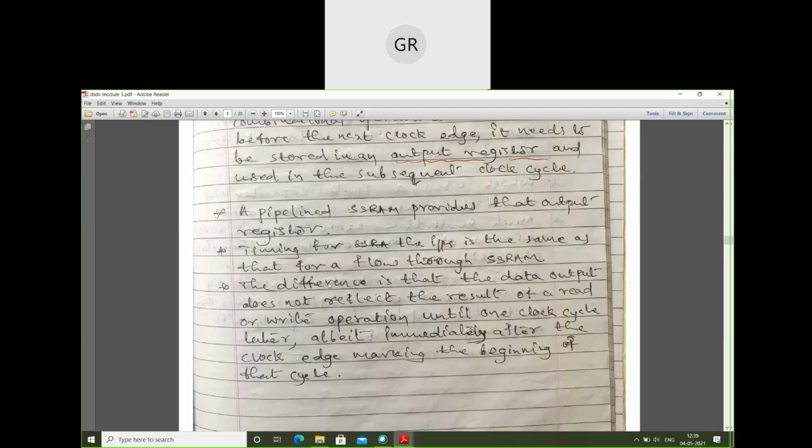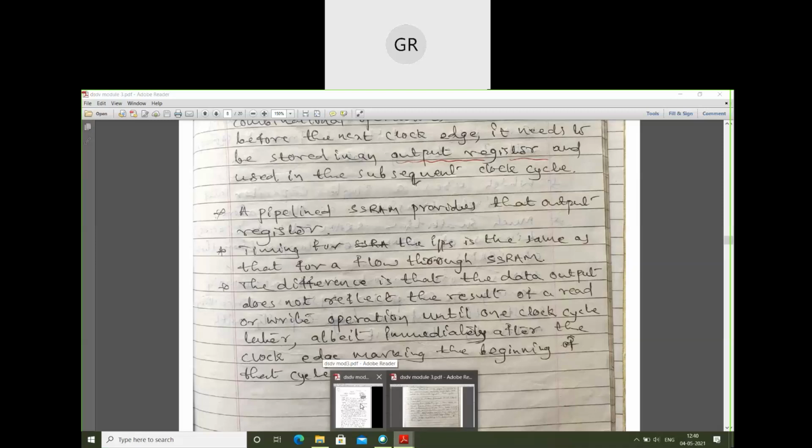The difference is that the data output does not reflect the result of a read or write operation until one clock cycle later, immediately after the clock edge marking the beginning of that cycle. See here, I will show you the timing diagram of this one.